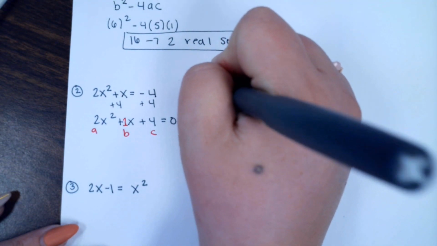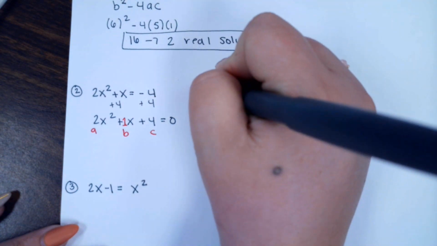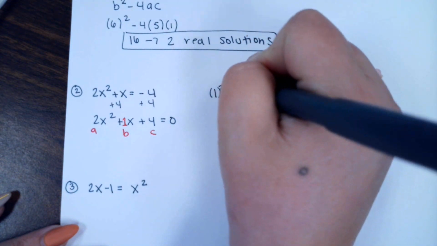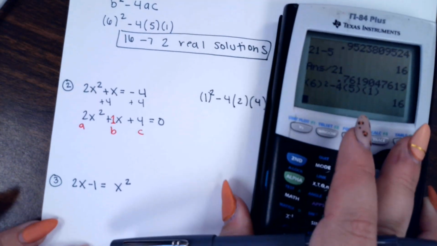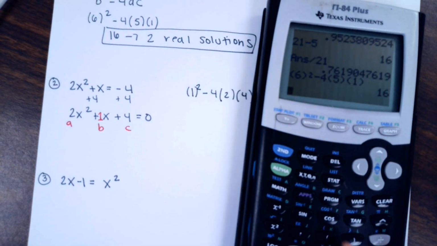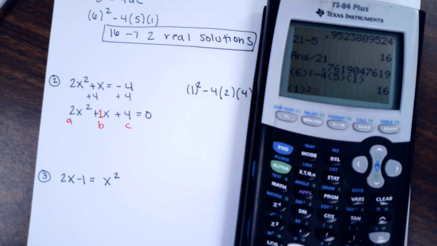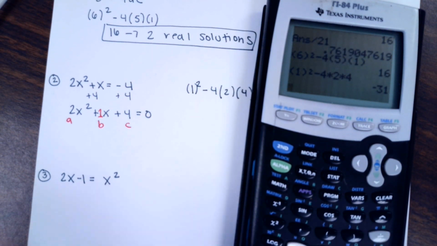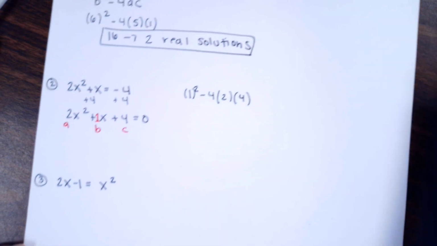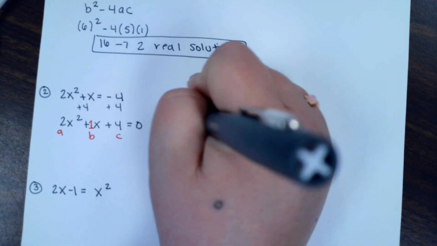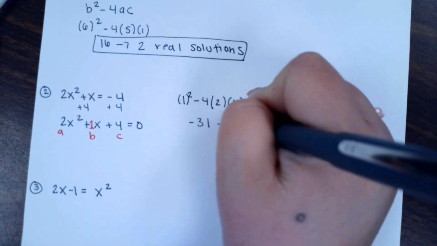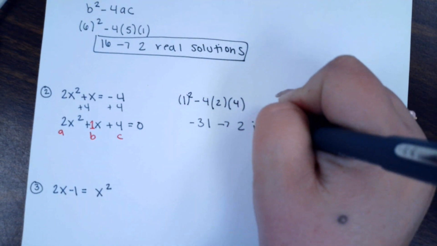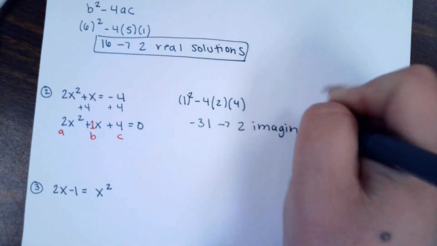B squared is 1 squared minus 4 times a times c. At this point, we can just plug it into our calculator. So 1 squared minus 4 times 2 times 4, that's going to give us negative 31. And because our discriminant is negative, that means we have 2 imaginary solutions.